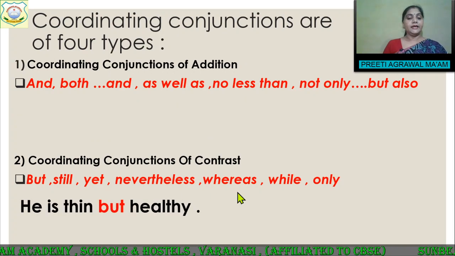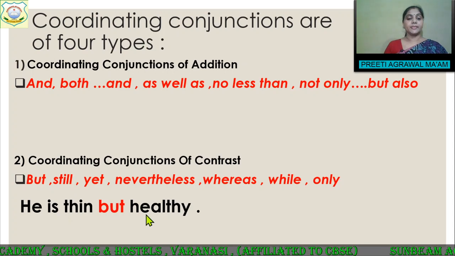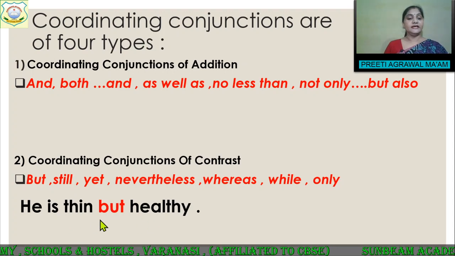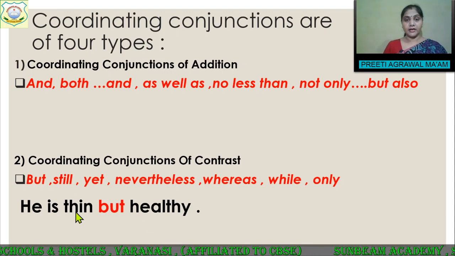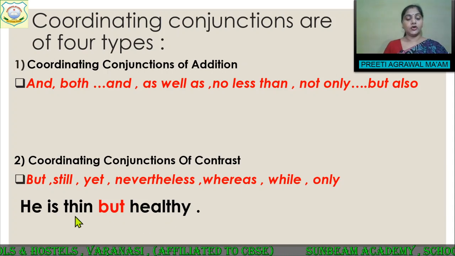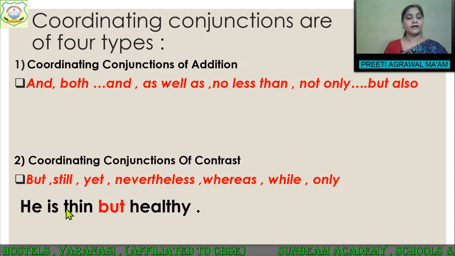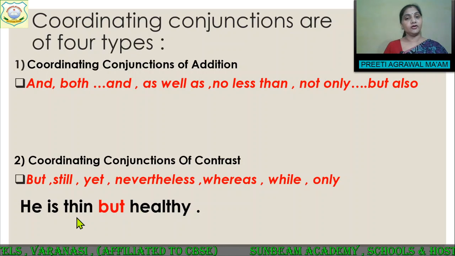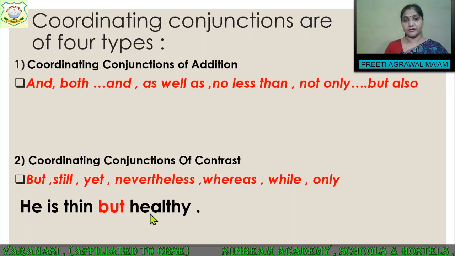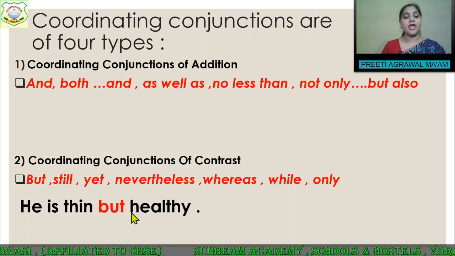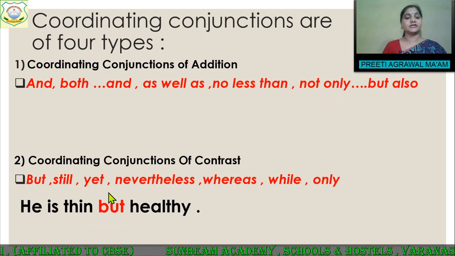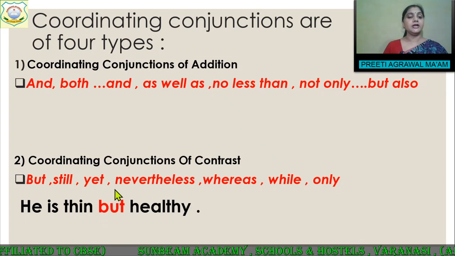See, he is thin but healthy. What have you got? He is thin, okay, but healthy. So are you getting two contrast ideas, two different ideas? He is thin, but he is healthy. Two opposite ideas are there, and whenever the contrast is there, you have to use the conjunction but.